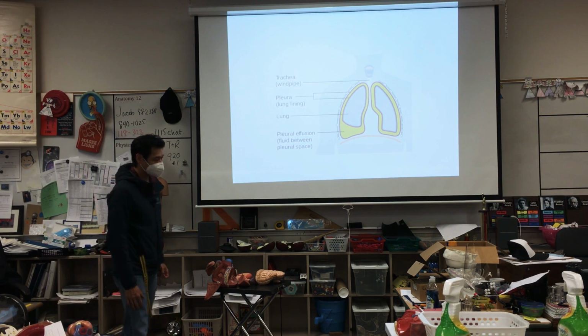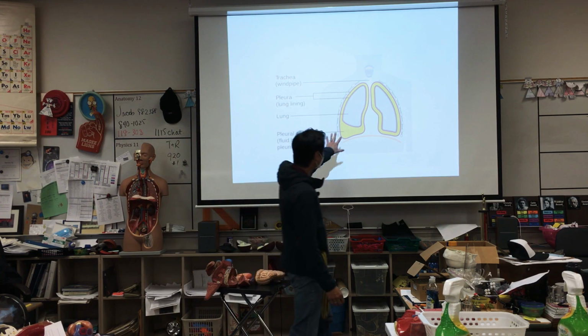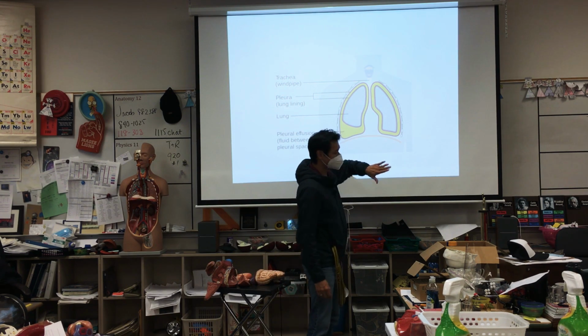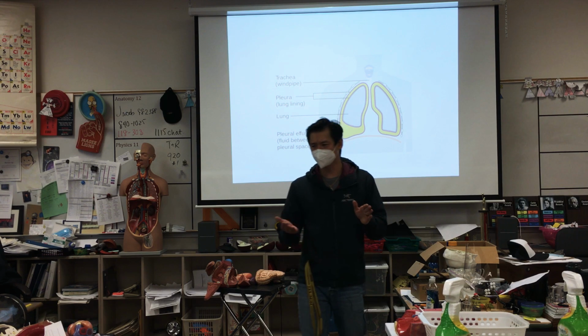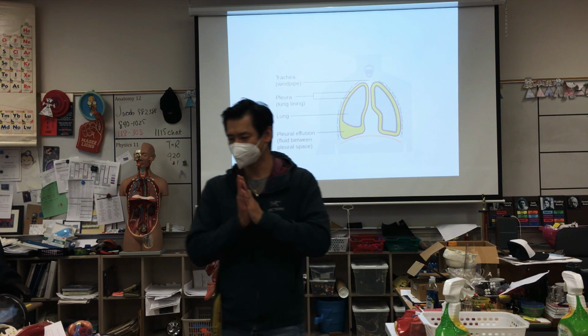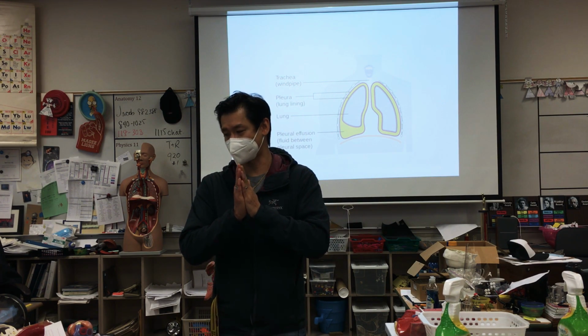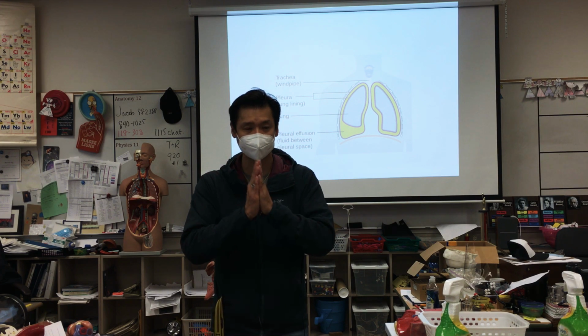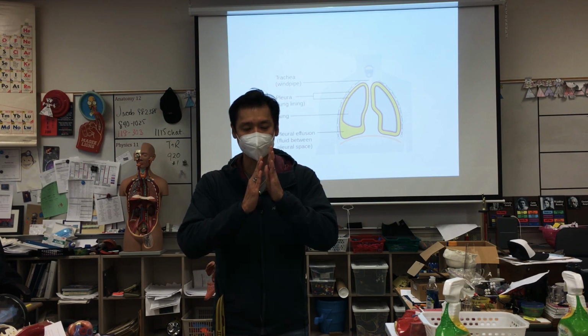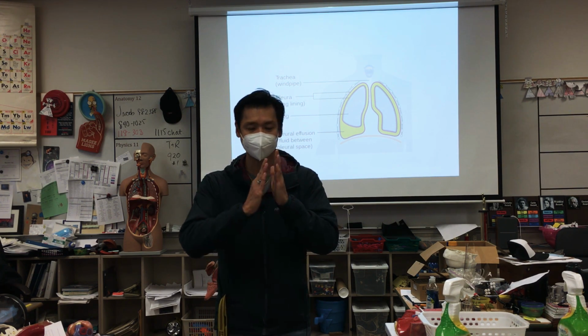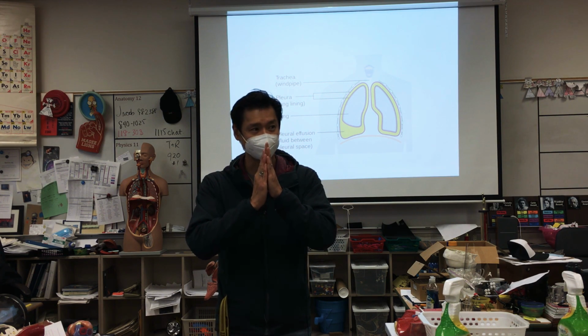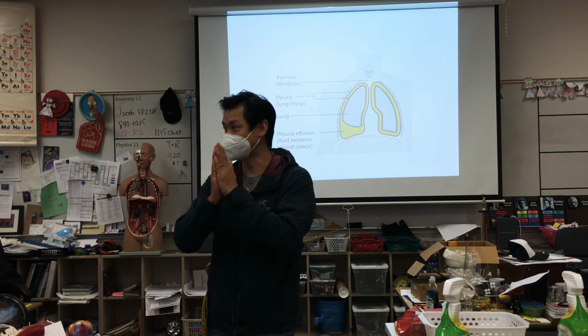Now, the lungs are covered in this really weird membrane, and that's to reduce friction. You've got to remember, you breathe hundreds of thousands of times a day, and the lungs are inside of your thoracic cavity, and every time you breathe, they rub up against the inside of your thoracic cavity.